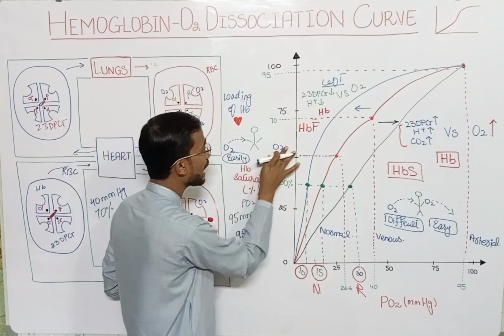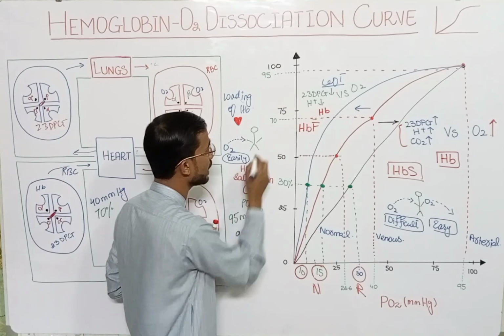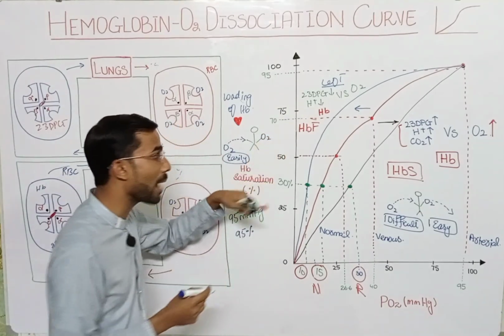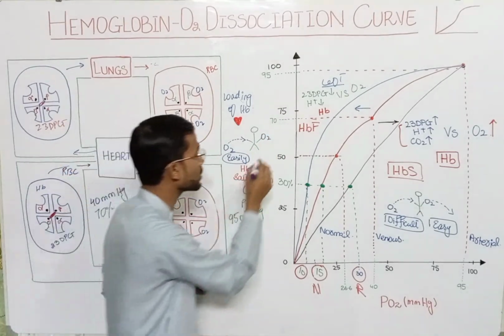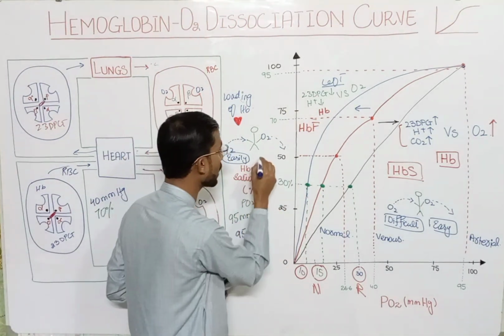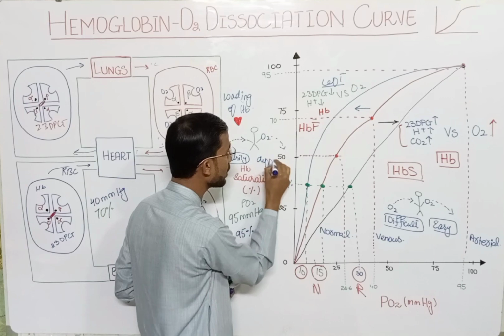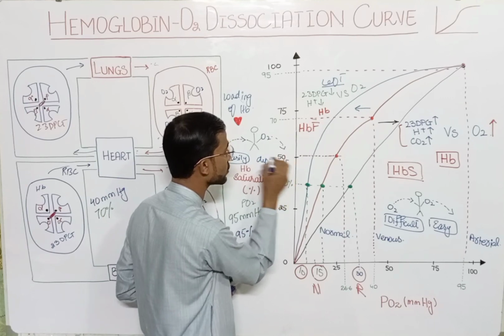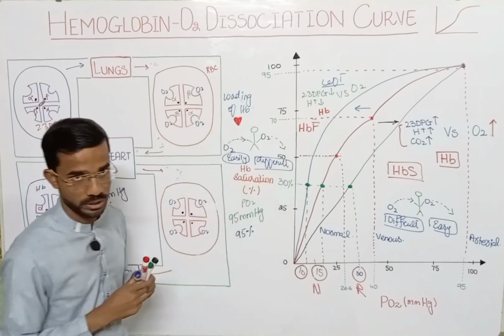Now if the oxygen binds to the HbF, then the separation will be difficult because they love each other. So these are basically the two things.